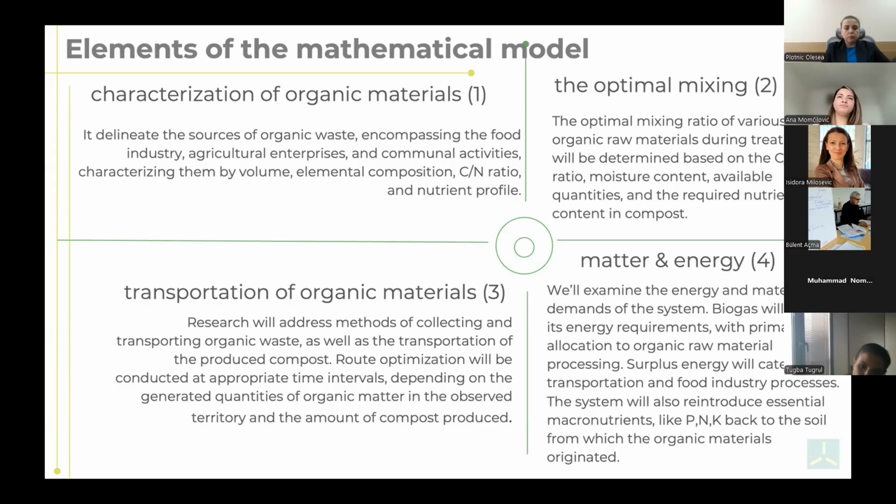It is important to mix it with some other organic materials to get a favorable C/N ratio, moisture content, also available quantities, and the nutrient content in the compost. This was all done by multi-criteria optimization. There is something called global criterion and Pareto optimum point, because some of these criteria are conflicting.